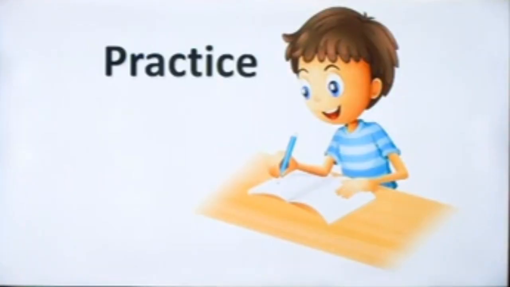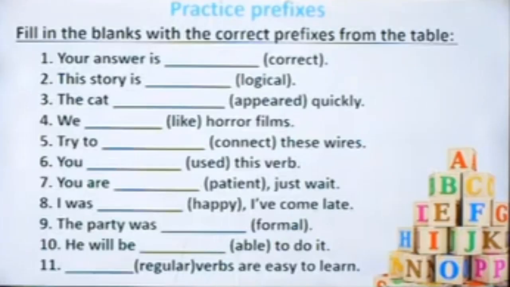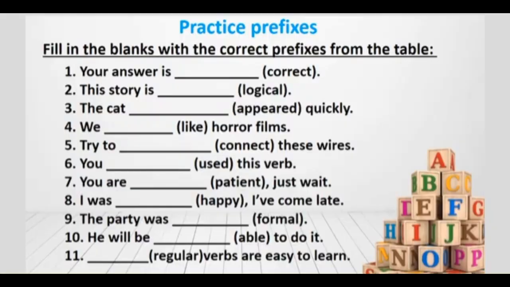Now let's do some practice. Practice prefixes. Fill in the blanks with the correct prefixes from the table we have just seen. Number 1, your answer is (correct). Number 2, this story is (logical). Number 3, the cat (appeared) quickly. Number 4, we (like) horror films. Number 5, try to (connect) these wires.